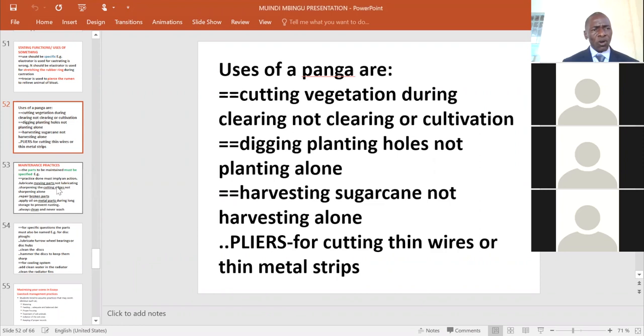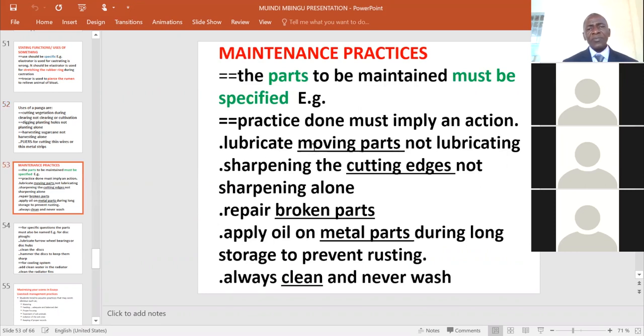Now, on maintenance practices, once again, I'd earlier said that where the question is specific, the part to be maintained must be named. Where the question is general, then you simply say repair broken parts. But again, I want to say the following.